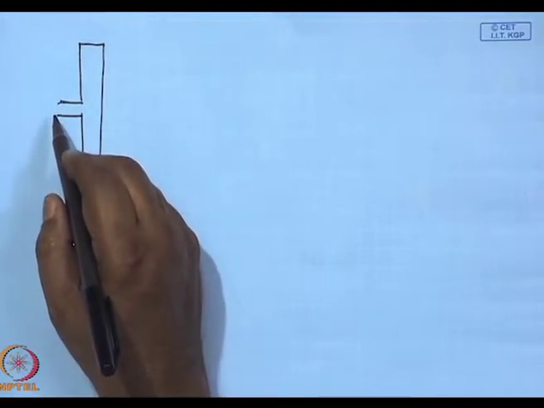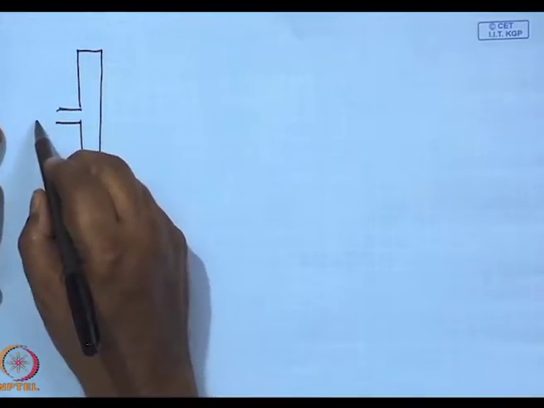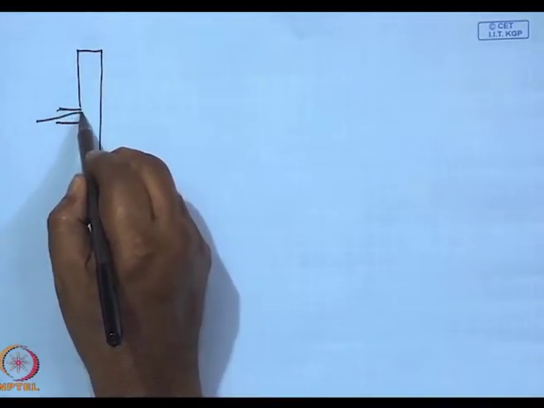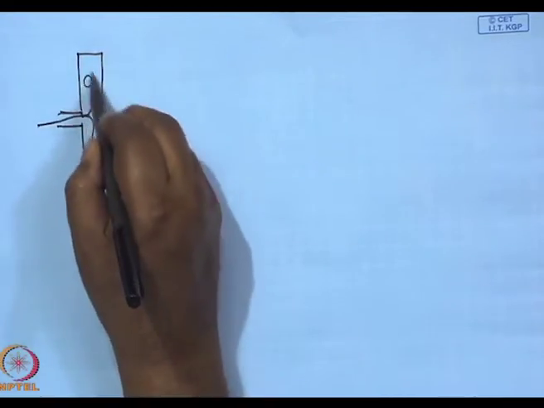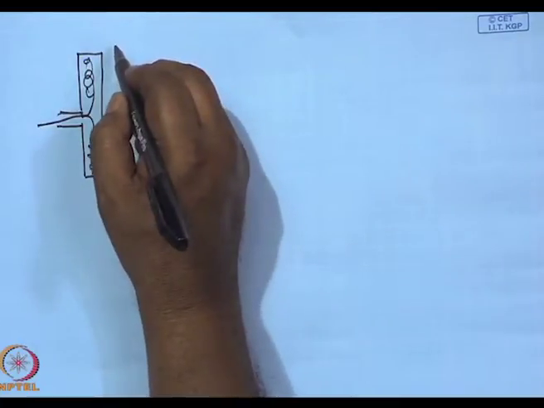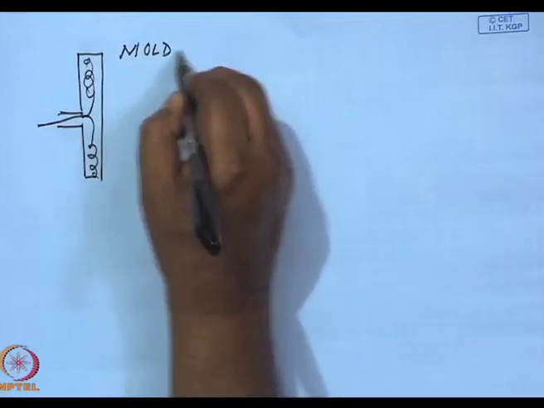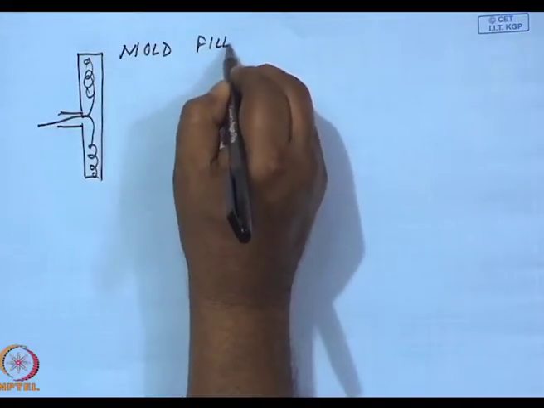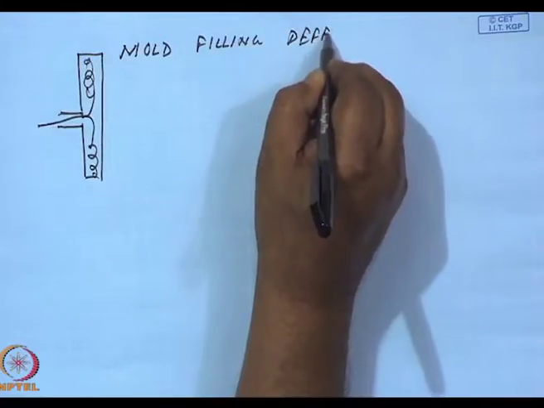What can happen over here? One is, as it goes in, it may not fill the mold. The flow lines may not be uniform, and so we can have mold filling defects.